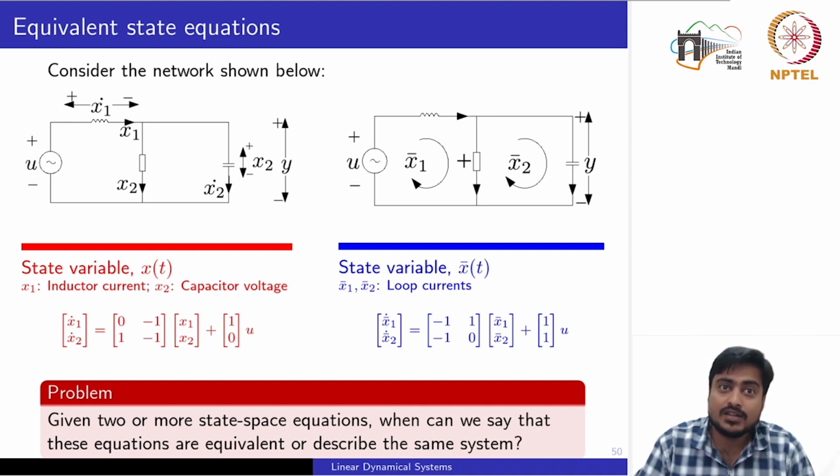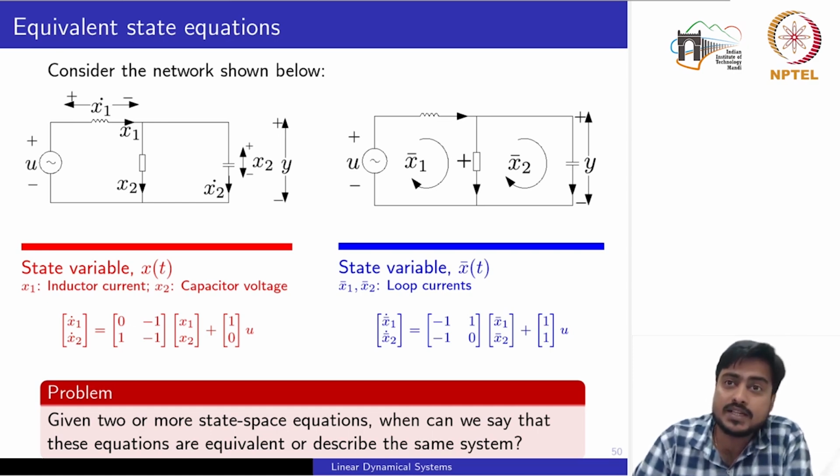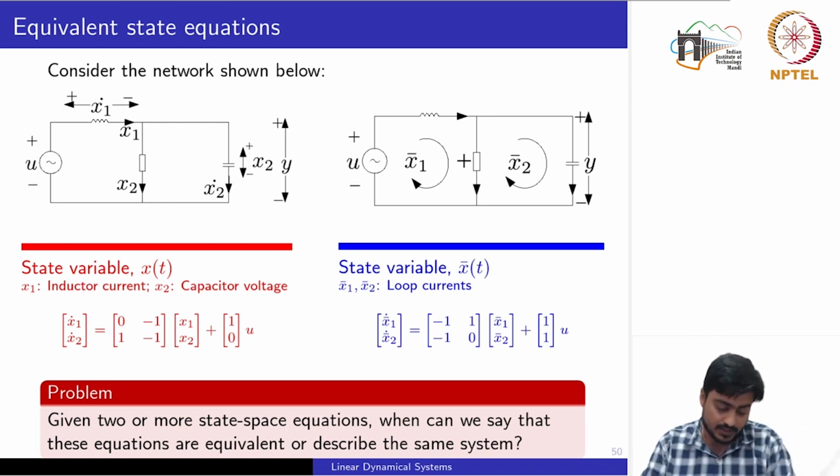Now we'll take the converse problem: given any two state space representations, how can we ensure that they describe the dynamics of the same system? This is the problem we will address today.